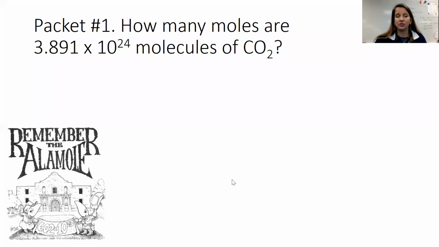And so we're going to solve the problems the same way that we've been solving them in the past. So we always start by writing our given. We have 3.891 times 10 to the 24th. We need to put our units, so molecules, and we need to put our substance, CO2. We're going to multiply that by a conversion factor. So whatever unit we start with, remember that unit has to go at the bottom.